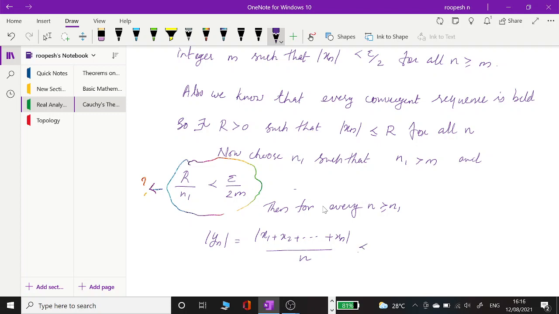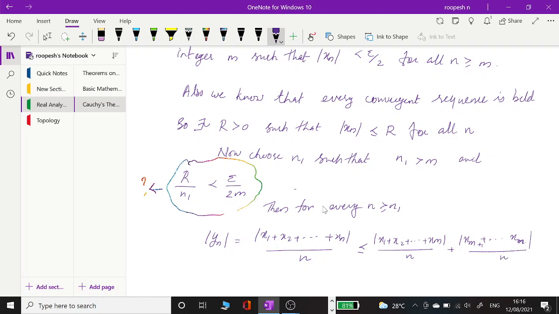This value is less than or equal to, splitting this up into m terms and then m plus 1 to n terms, modulus of (x1 + x2 + ... + xm) by n plus modulus of (xm+1 + ... + xn) by n.